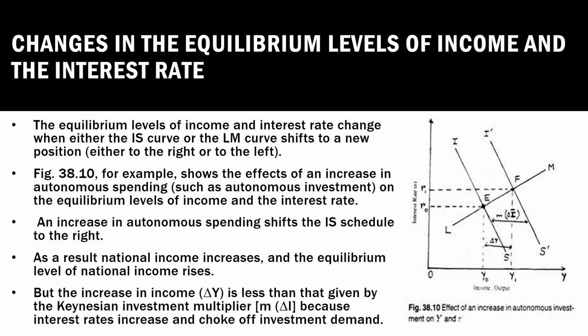As a result, the equilibrium level of national income rises. But you can see that the increase in income, indicated by delta Y, is less than the Keynesian investment multiplier, because the interest rate increases and investment demand is crowded out.